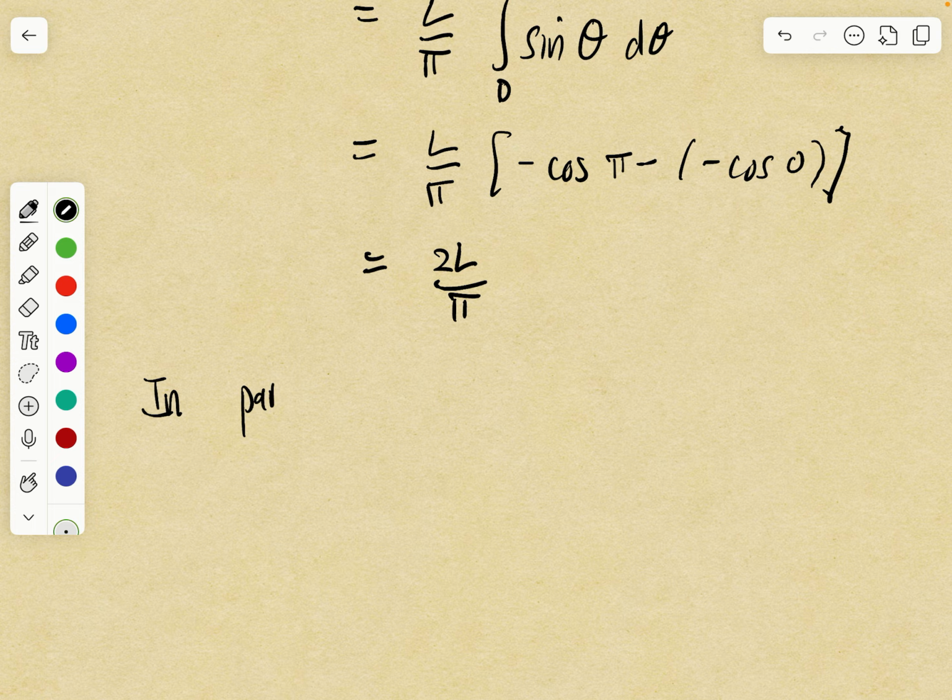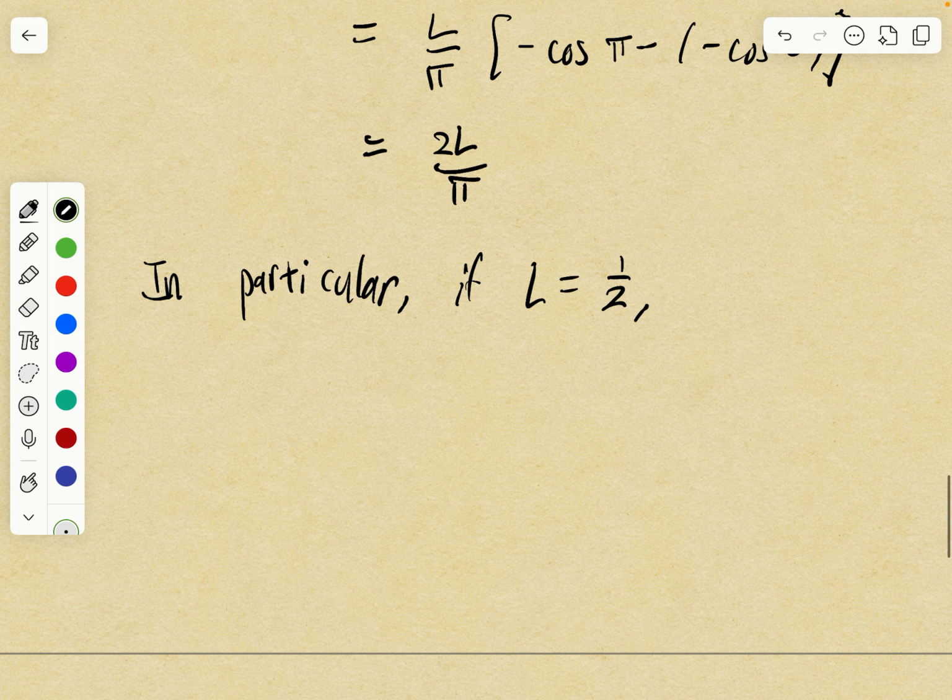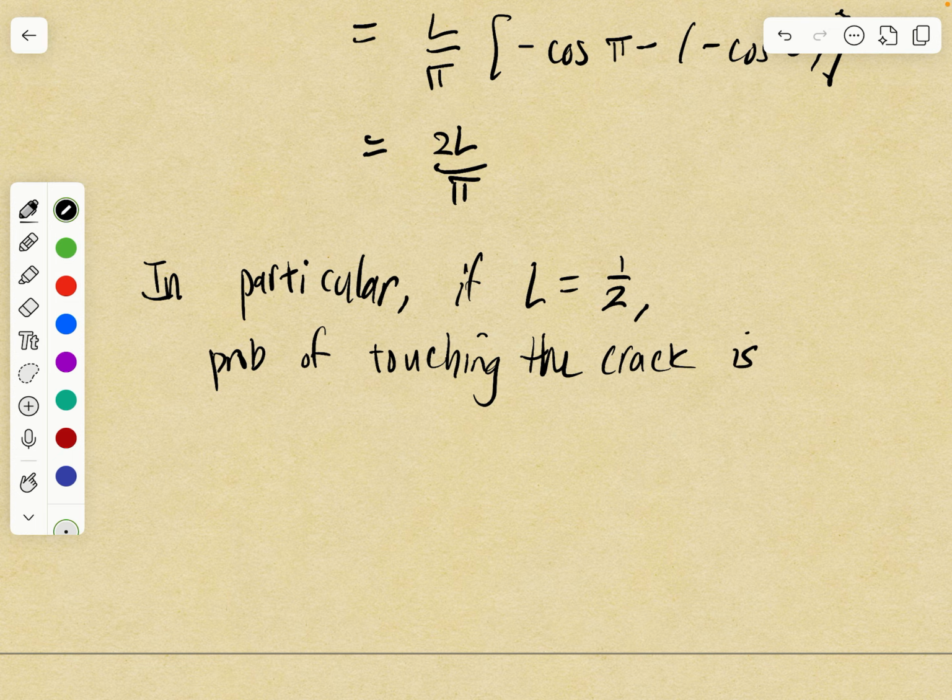In particular, if you take L to be a half, then the probability of touching the crack is 1 over pi. Not L over pi, 1 over pi.